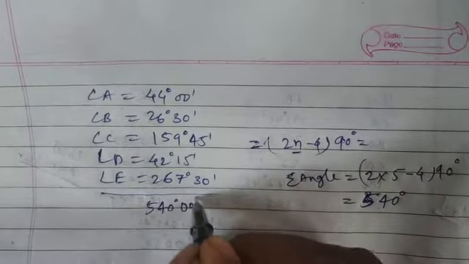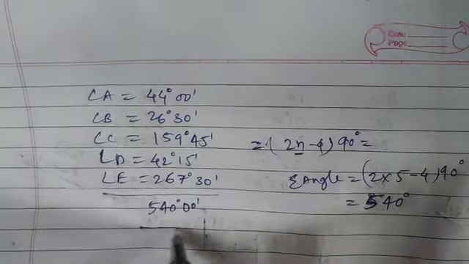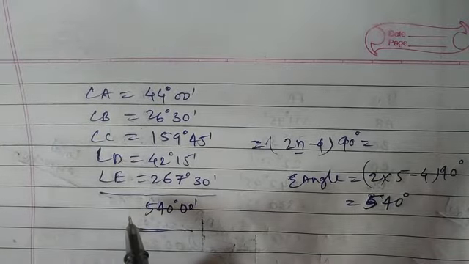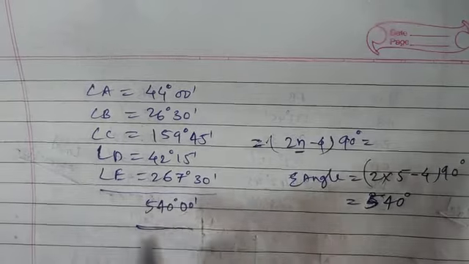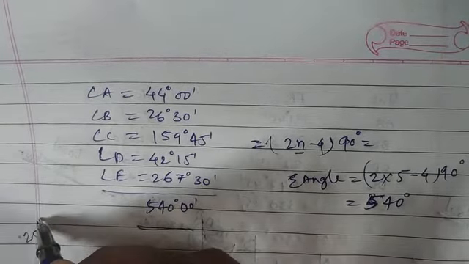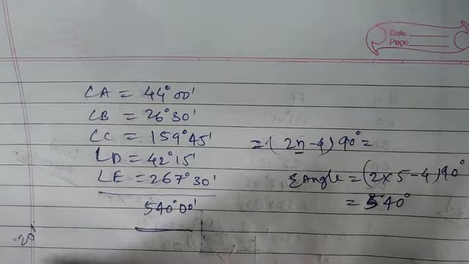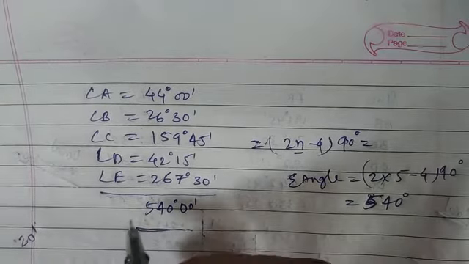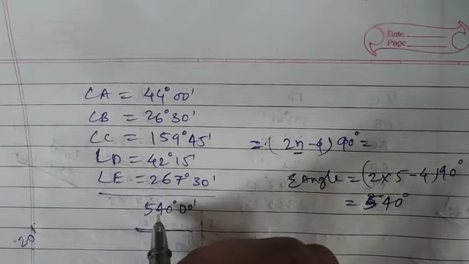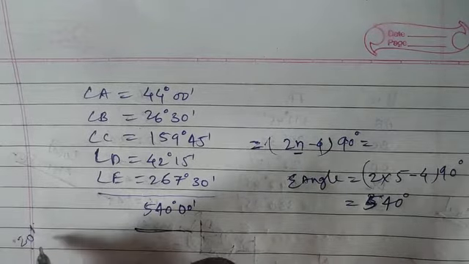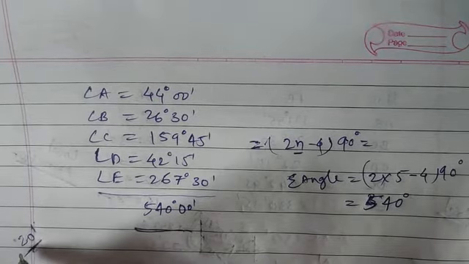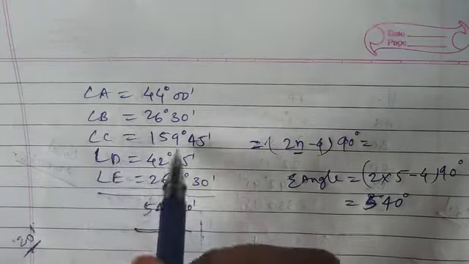0 minutes. Okay. If the summation of angles has any error, suppose it is coming 20 minutes in excess, in that case we'll distribute this error over all angles.